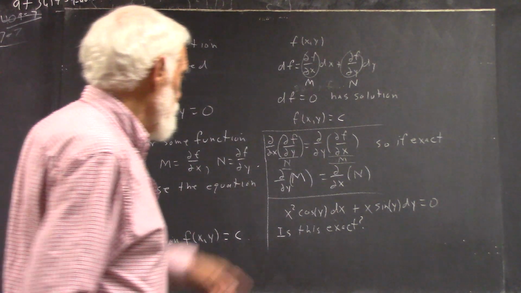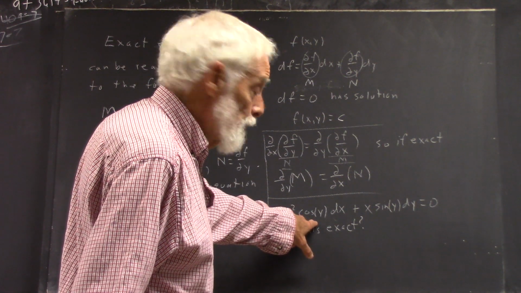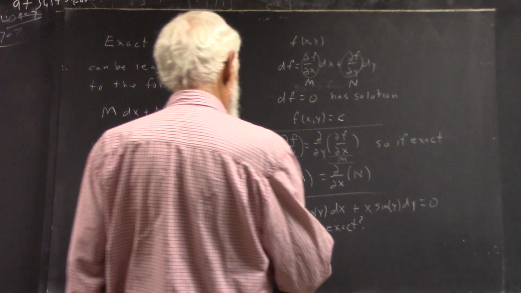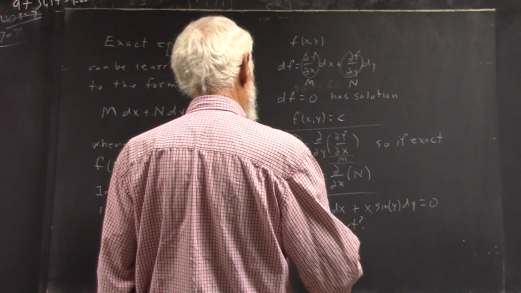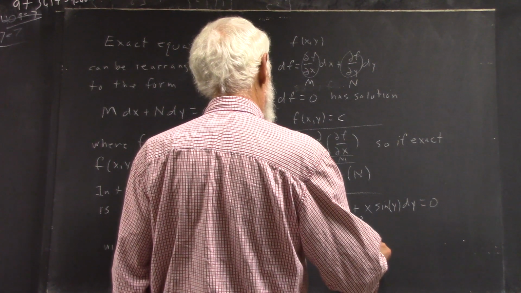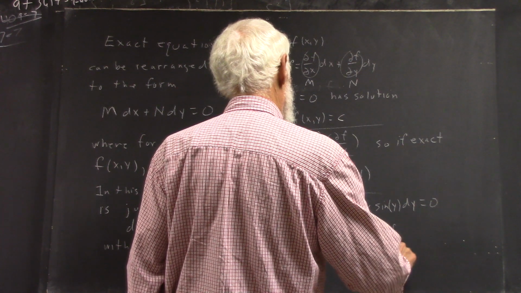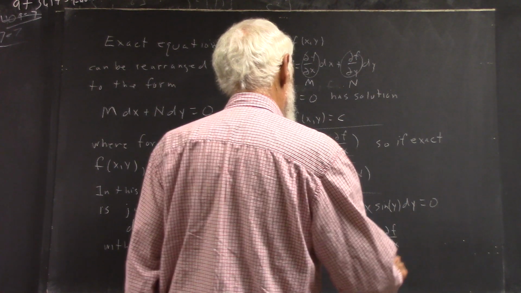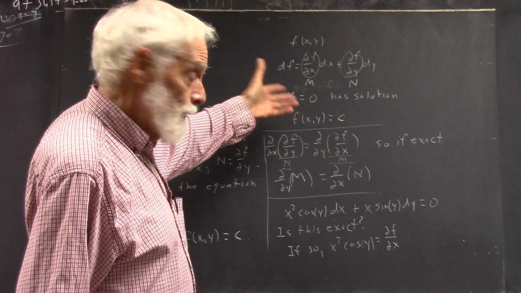Well, this x squared cosine of y would then have to be the partial of f with respect to x for some function.